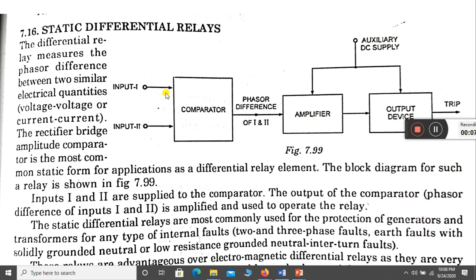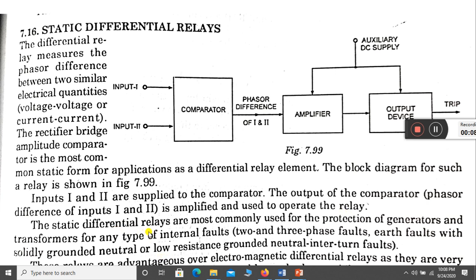Both inputs are similar quantities, either voltage or current quantities, and the comparator compares the phasor difference between the two. That output is amplified and used to operate the relay.